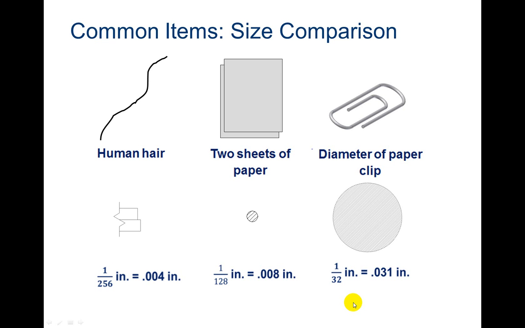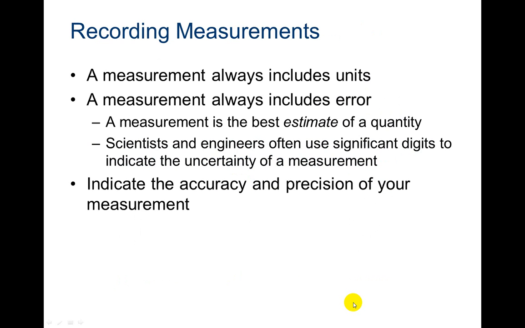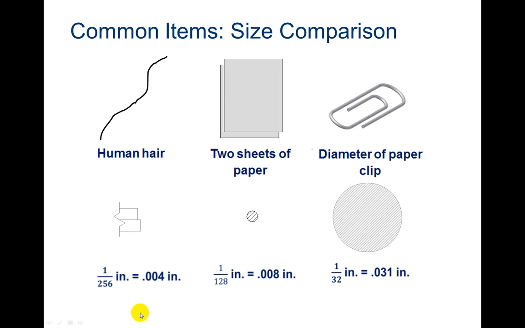And then the diameter of a paper clip would be 1/32nd of an inch, which is 0.031 inches. Oh, and also on these, notice that if I said 1 divided by 256, that is what this would equal. Okay, that's how you get to those decimal points. All right, 1 divided by 32 is 0.031 inches.